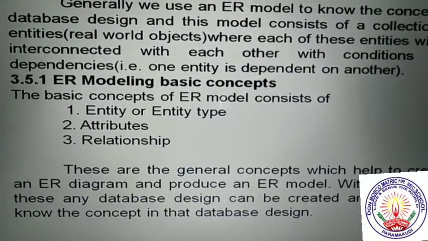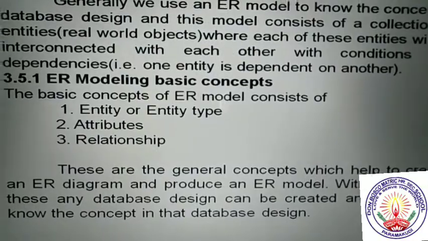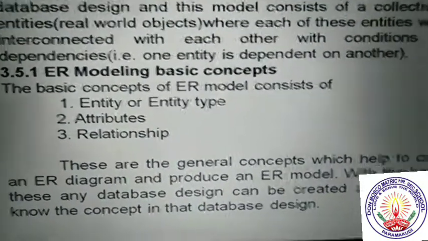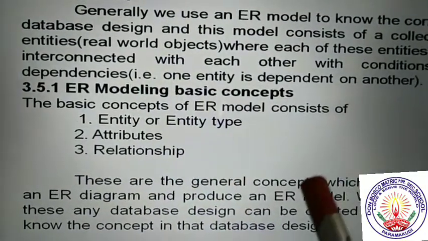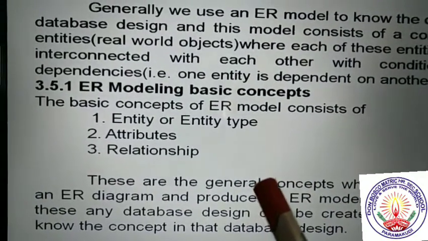With the help of these, any database design can be created and viewed to understand the concept of that database design. So basically we follow three concepts in an entity model: entity type, attributes and relationship.